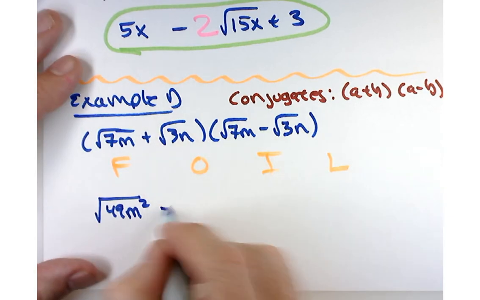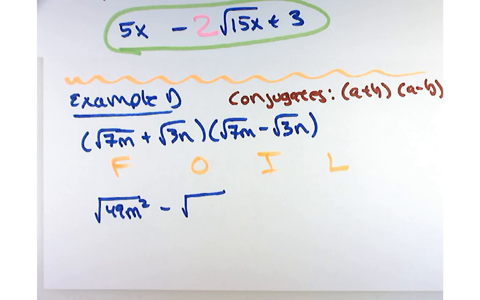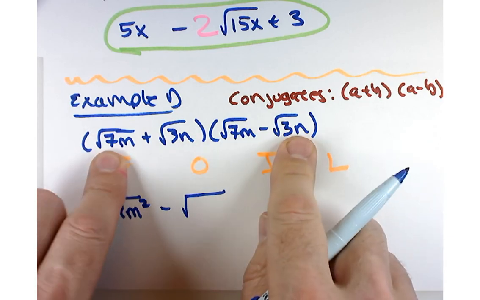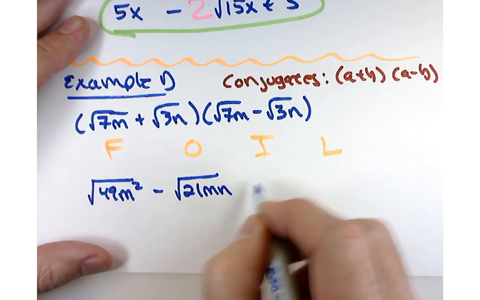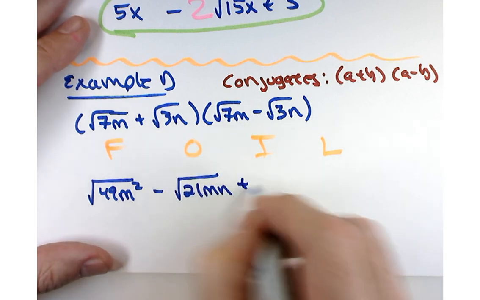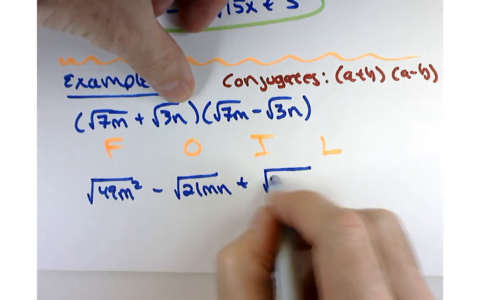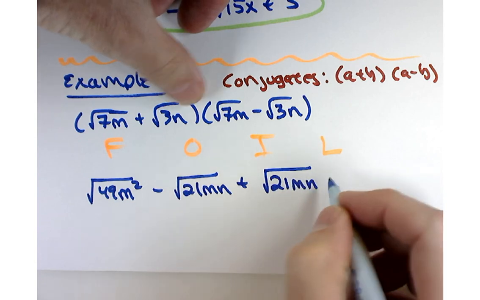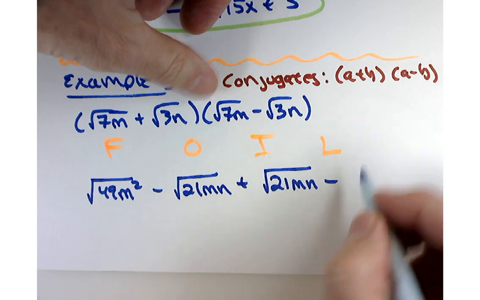And then a minus, who's saying here? How about these terms? What's that going to give me? 21 mn. The middle term is going to be a plus. Plus what? John? 21 mn. Awesome.